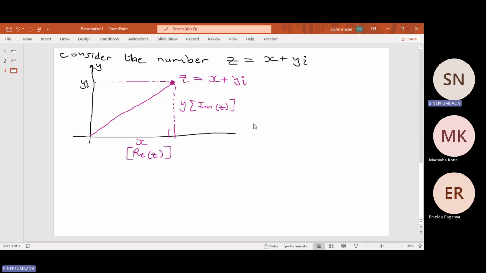So now, this is the line of the x-axis, and that's the line for the y-axis.